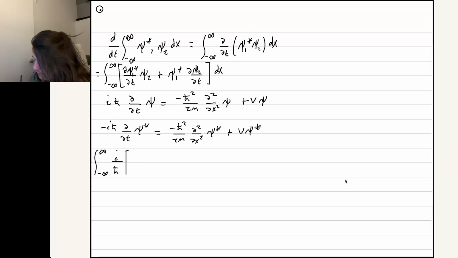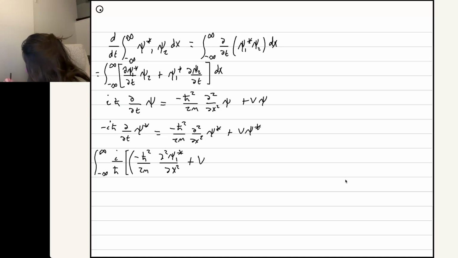Then d psi 1 star dt will become minus h bar squared over 2m del squared psi 1 star del x squared plus v psi 1 star, and that's multiplied by psi 2.